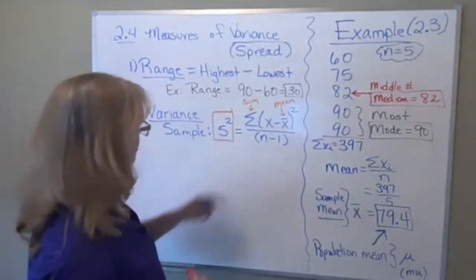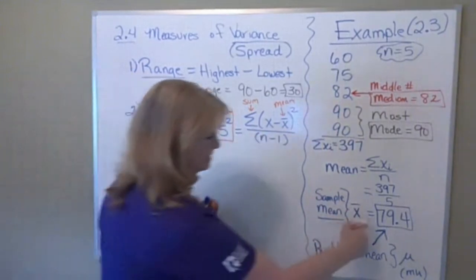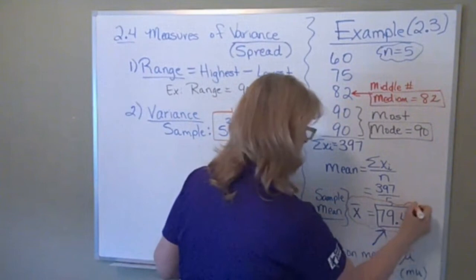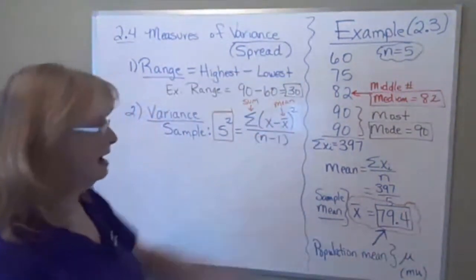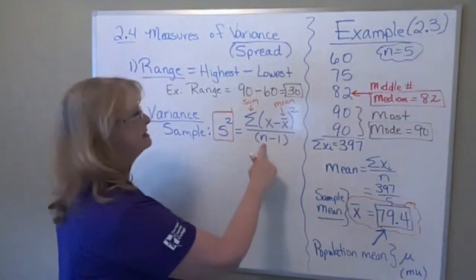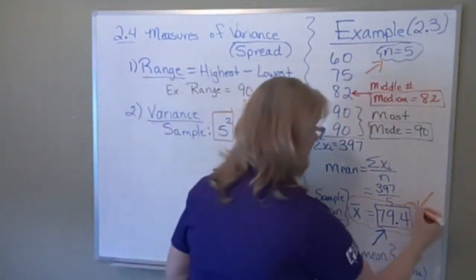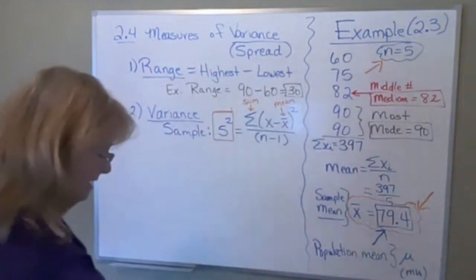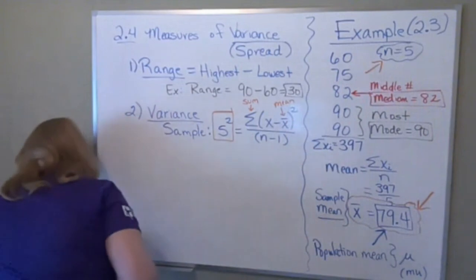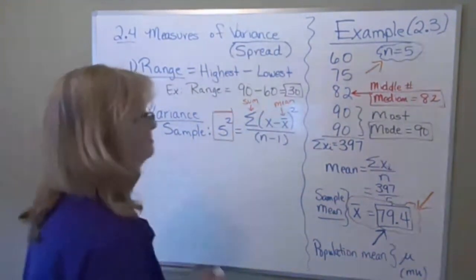I want you to notice that we know x bar is right here. X bar is 79.4. We also know little n, the sample size. So we have little n and we have x bar. Now I'm going to show you the work for finding the sample variance.